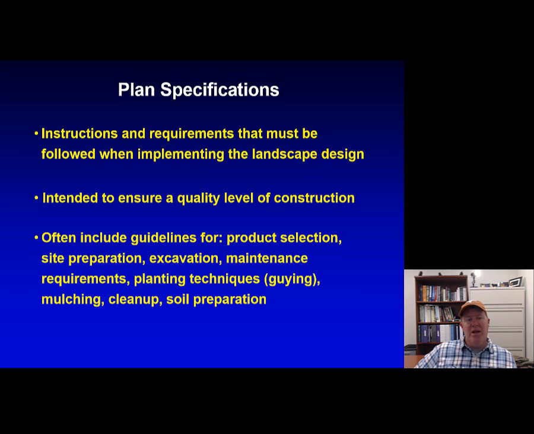So what you're seeing is a solid colored circle or a solid colored triangle that's representing a head or a pop-up location on the plan. Well, you're Mr. Rainbird guy. I love Rainbird. I love Toro. I love Hunter.